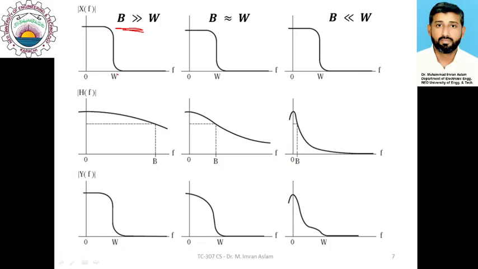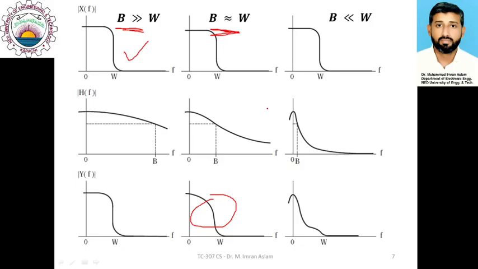So we generally do not use this condition; rather, we focus on this case where the bandwidth of the system is almost or close to the bandwidth of the signal, because in that case, although there are some changes, we are still able to have a useful communication and transmit the information available at the input side to the output side. So our purpose is fulfilled, while utilizing a relatively smaller amount of system bandwidth.